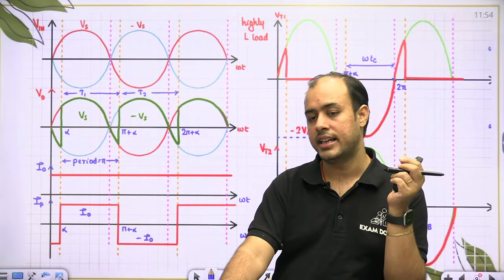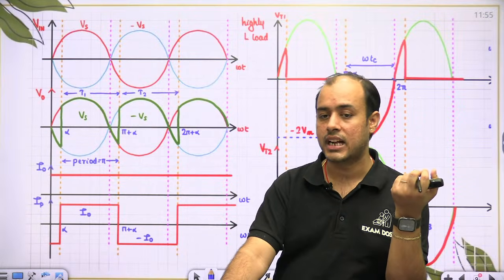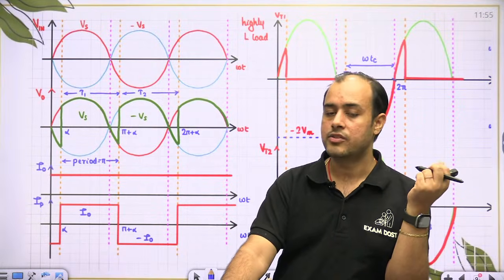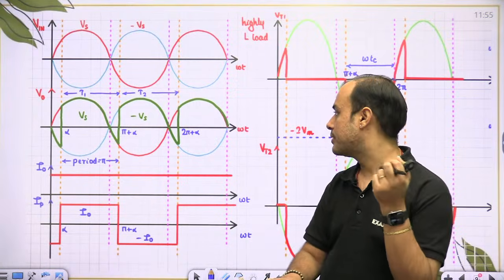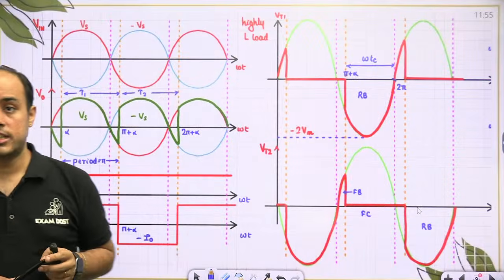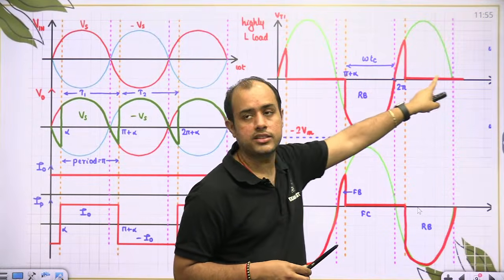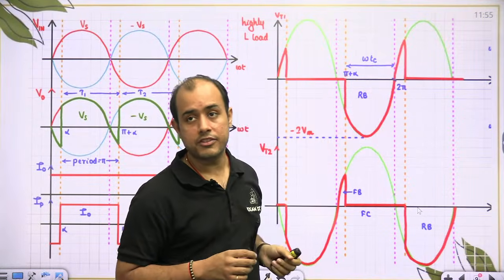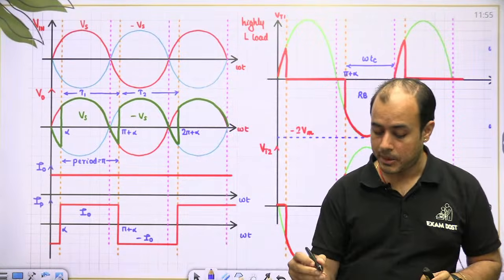But now why can I find it? Because I am getting a proper square wave. So it is very easy for me to find the RMS current. Is that clear? Then if you talk about the thyristor voltage, beta, when T1 is on, voltage is 0. But when it is off, the voltage is 2 times the supply voltage.